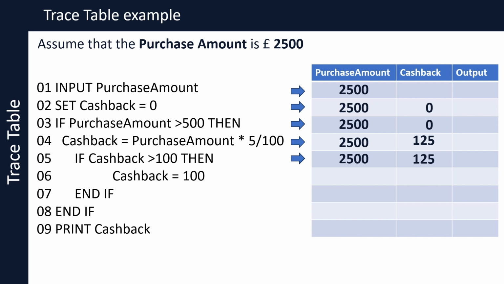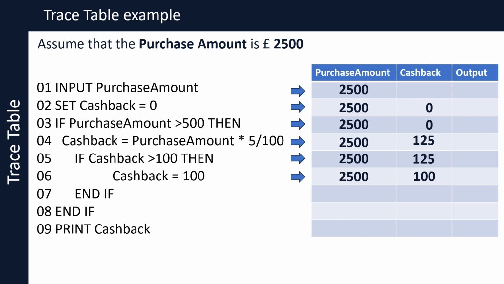Here we set the cashback to 100, as that would be the maximum that we would pay for any purchase amount greater than 500. Hence, we record the cashback as 100 under column 2 in the 6th row. Again, there is no change to the value of the purchase amount, so it stays the same as the previous row, and we record 2,500 under column 1.